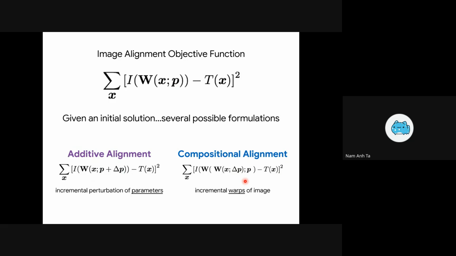The advantage is that this can be more stable and converge faster when using certain optimization techniques. This one will use a single warp and this one will use a second warp. That's the difference.